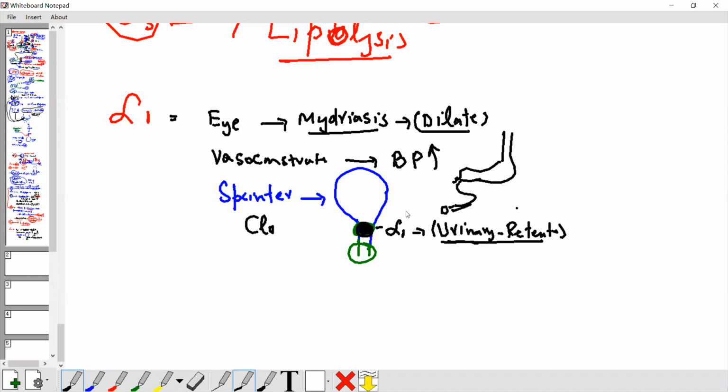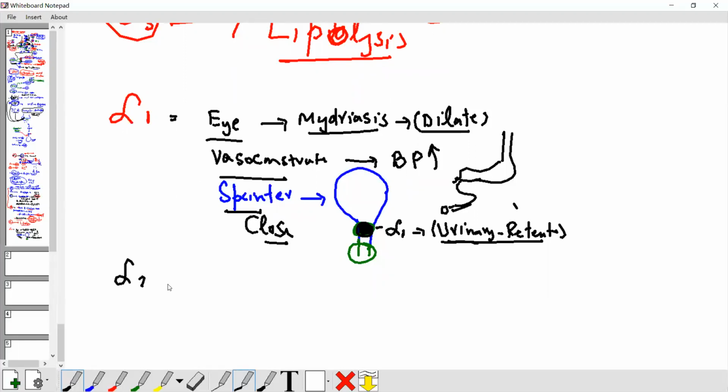It can lead to constipation because the sphincter is closed. These are the three main effects of alpha 1: in the eye, vasoconstriction, and sphincters. Which vessels are constricted? Abdominal vessels especially, and skin vessels. Okay.